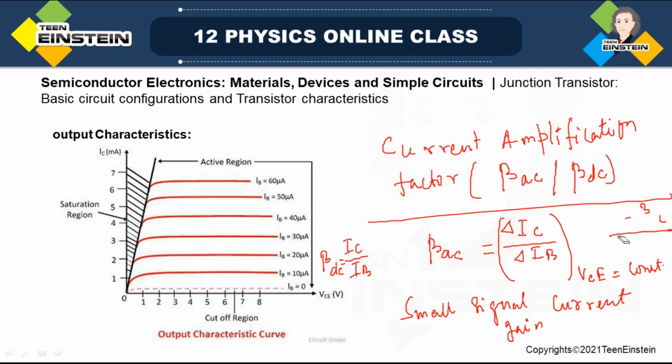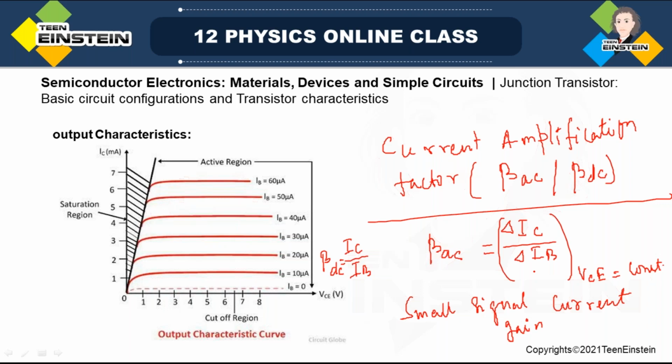Beta means current gain. Either we can define that as IC by IB, which is called beta DC, or delta IC by delta IB, which is called beta AC, but their values are almost the same.